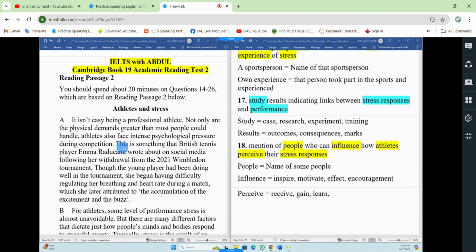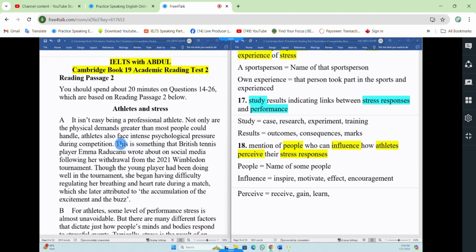Next sentence we can see, this is something that British tennis player Emma Raducanu wrote about on social media following her withdrawal from the 2021 Wimbledon tournament.